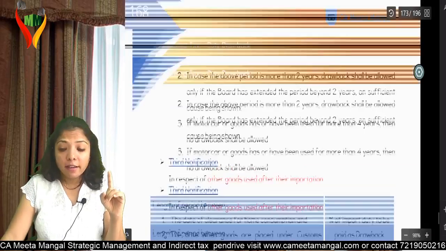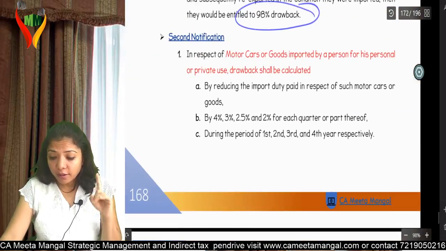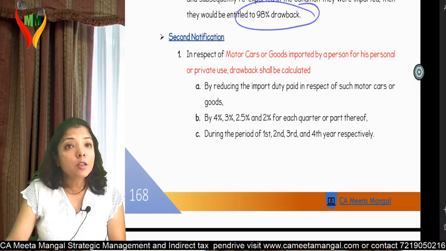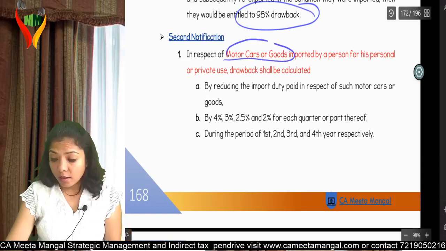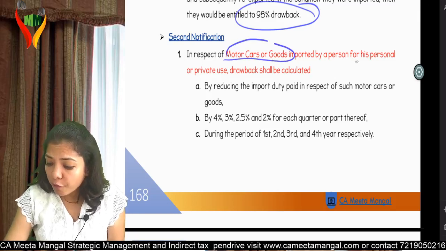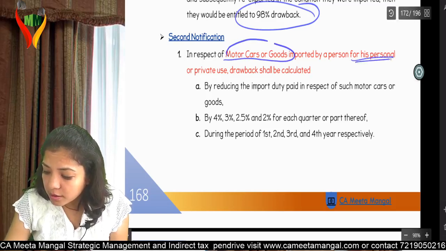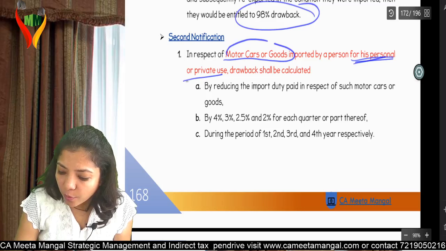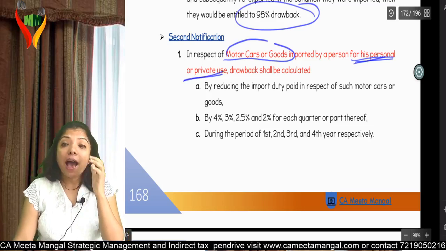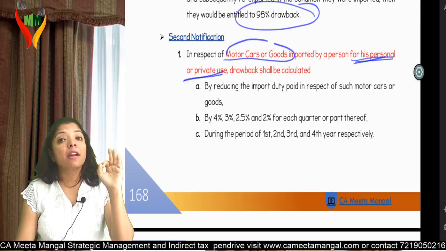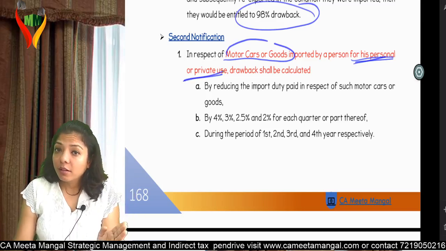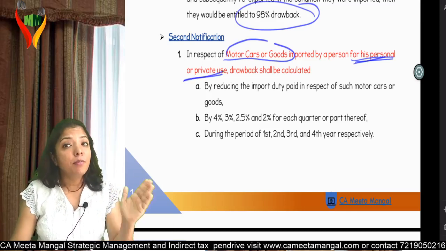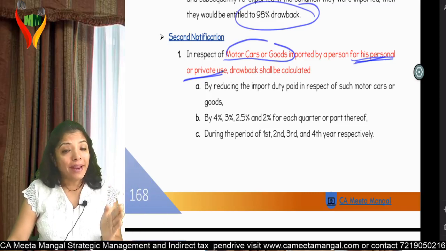So basically, the second notification is saying, in respect of motor cars or goods, but it includes everything, imported by a person for his personal or private use. That means you have different drawback rates depending upon the usage. If you're using for personal purpose, the drawback rate will vary.